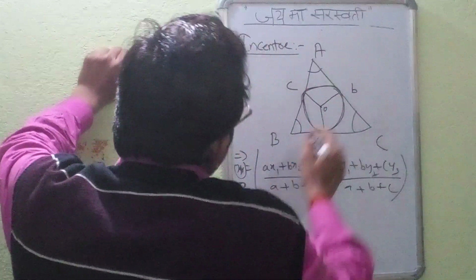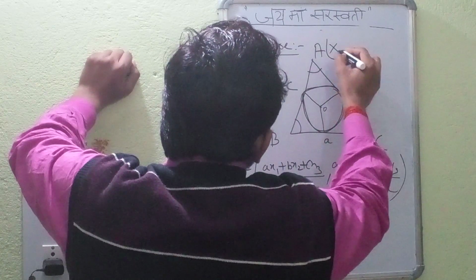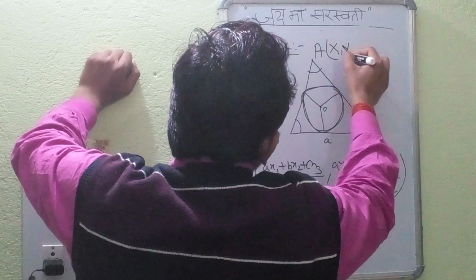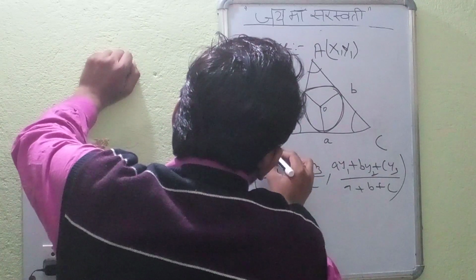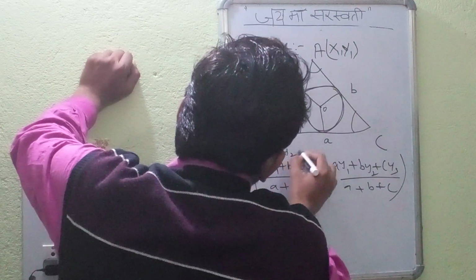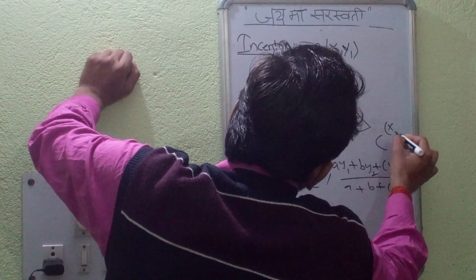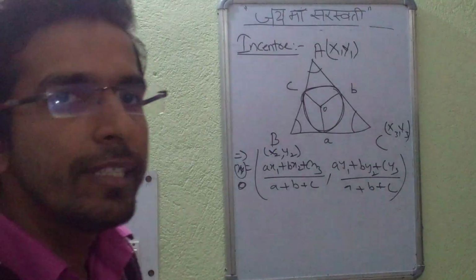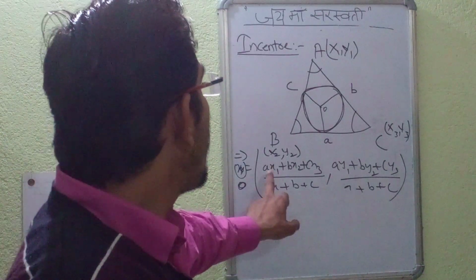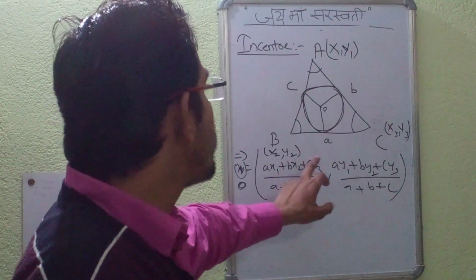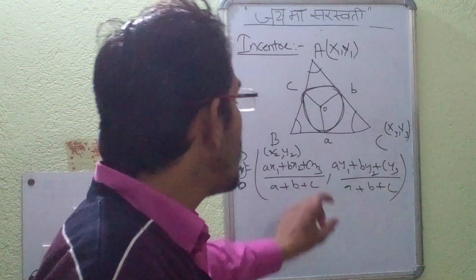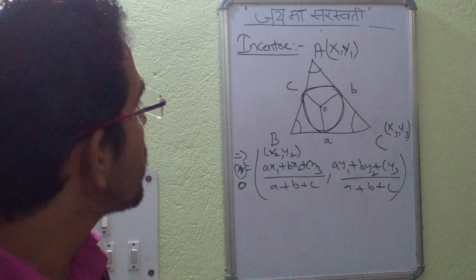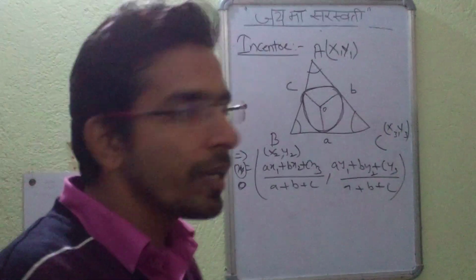And we have to calculate, suppose the coordinates of A is given as (x1, y1), B is given as (x2, y2), and C is given as (x3, y3). So in that case, the coordinates of the incentre will be (ax1 + bx2 + cx3) by (a + b + c), (ay1 + by2 + cy3) by (a + b + c).